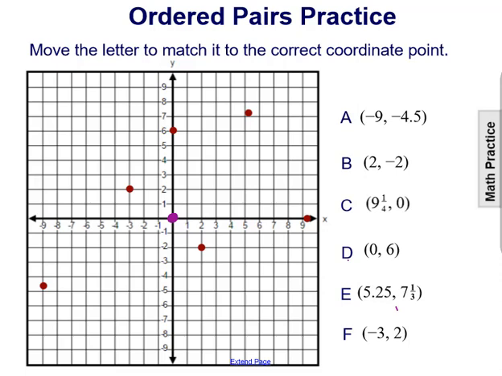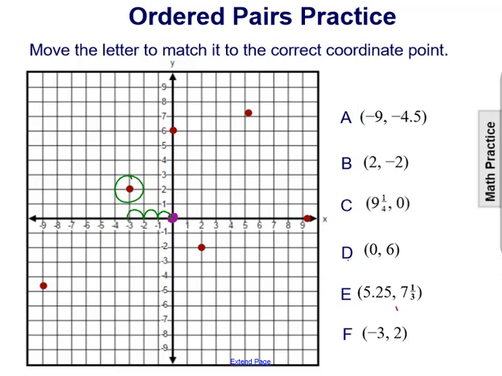So let's first try out this point here. From the origin, if I were to give directions to somebody on how to get to that location on the graph, first moving left or right, I would have to tell them to move left 1, 2, 3.